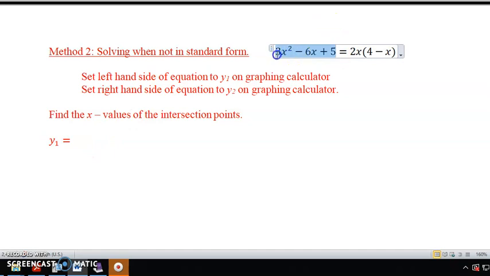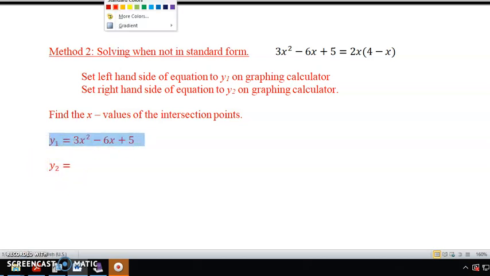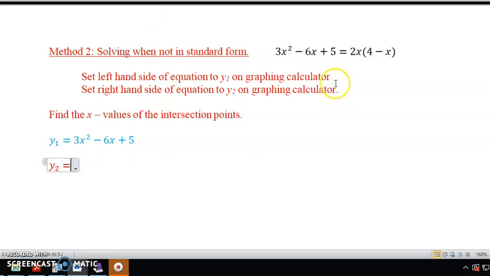So we go y1, we set that equal to the first equation, and then we write it again and call it y2 this time. I'll do one in blue and one in red, not that it makes a difference. And we do the second side.